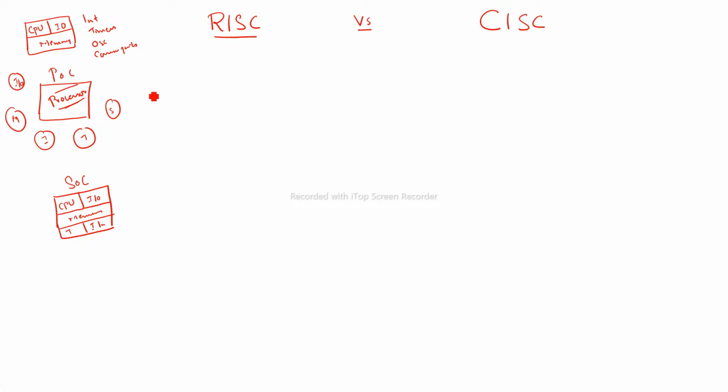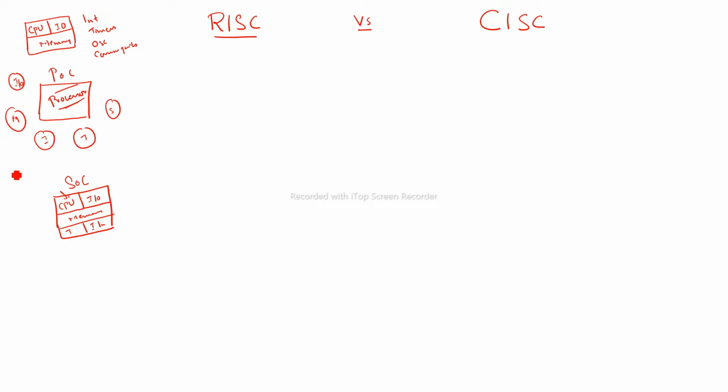Now how can I make the complete system available on a chip? I have to reduce the complexity associated with the processor. If the complexity of the processor is reduced, then only can I make some free space available for the other system components to be integrated on the chip.